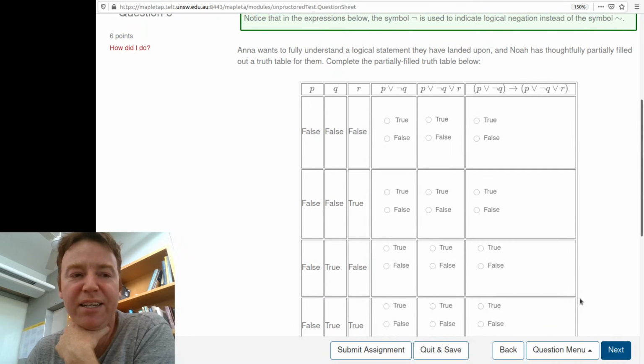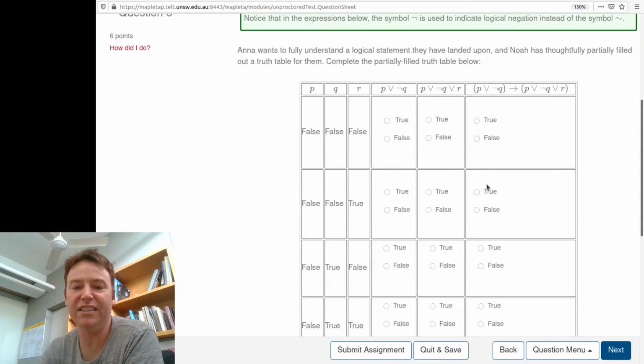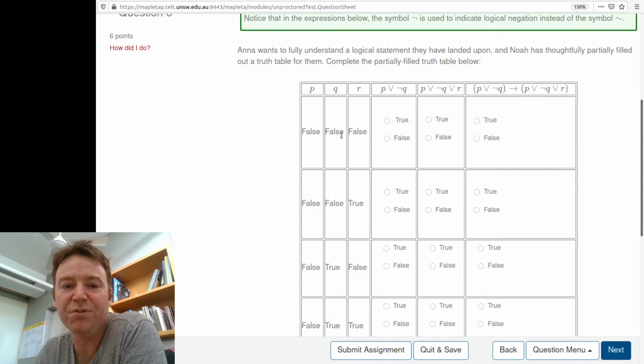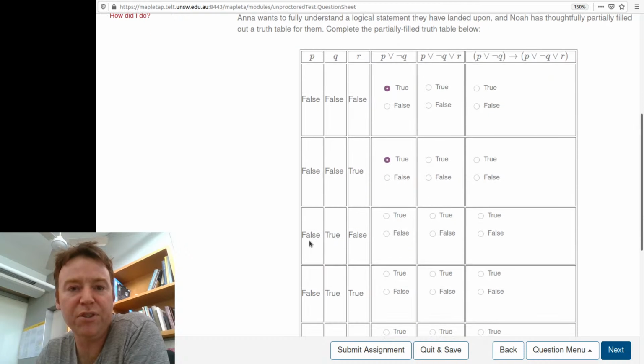Well, maybe truth tables will help. Truth tables are nice. This one's an easy one. You just have to fill out the truth table, P or not Q. Not Q is true, so this is true. P not, that's going to be true. False and false is false.